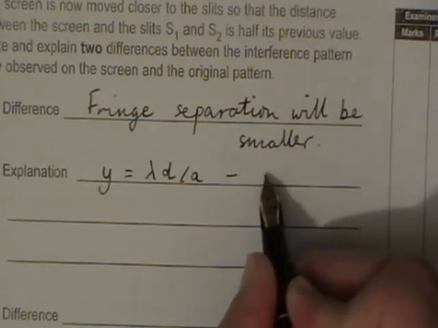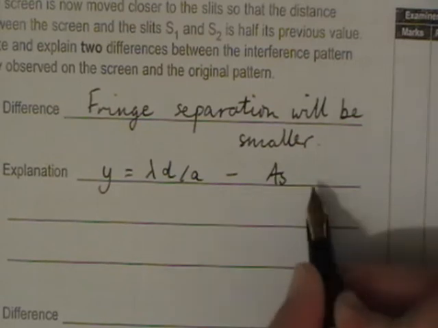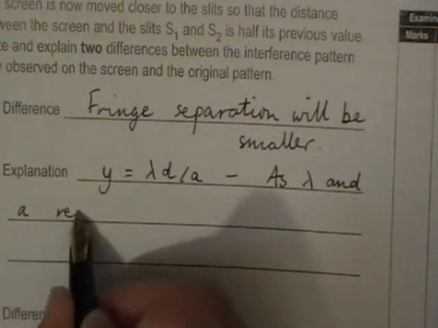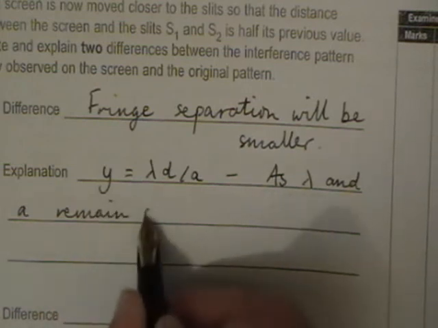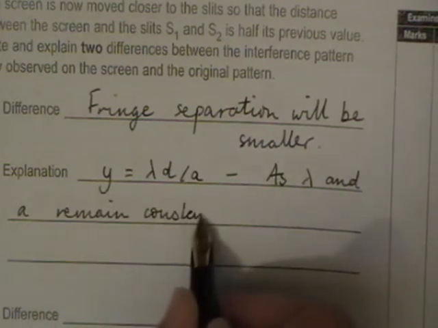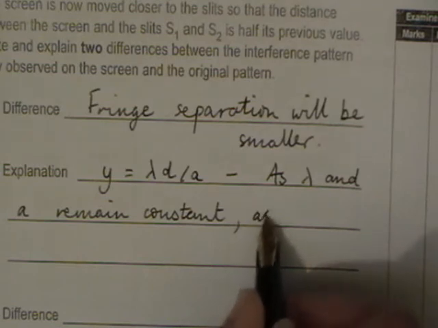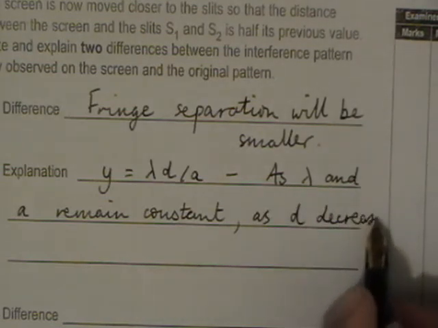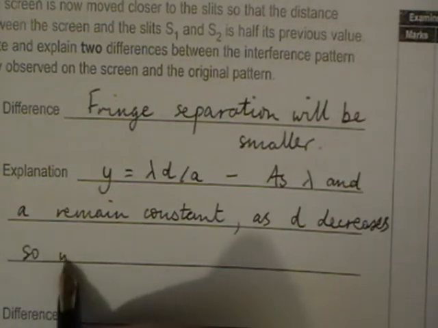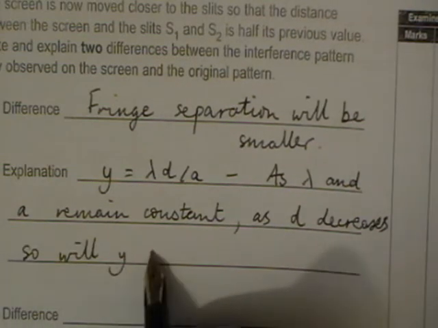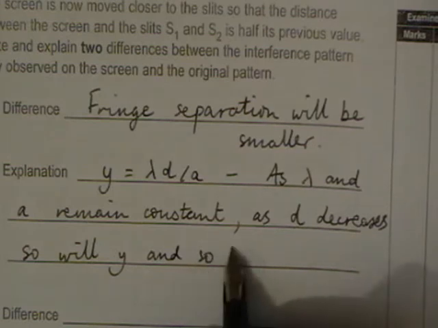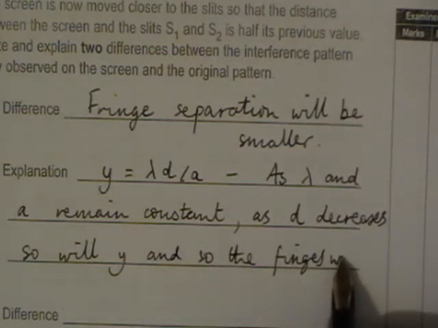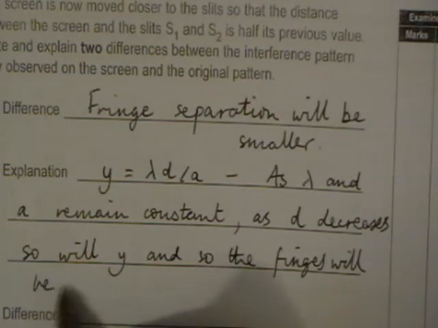In order to explain that, as lambda and a remain constant, as d decreases, so will y, and so the fringes will be closer.